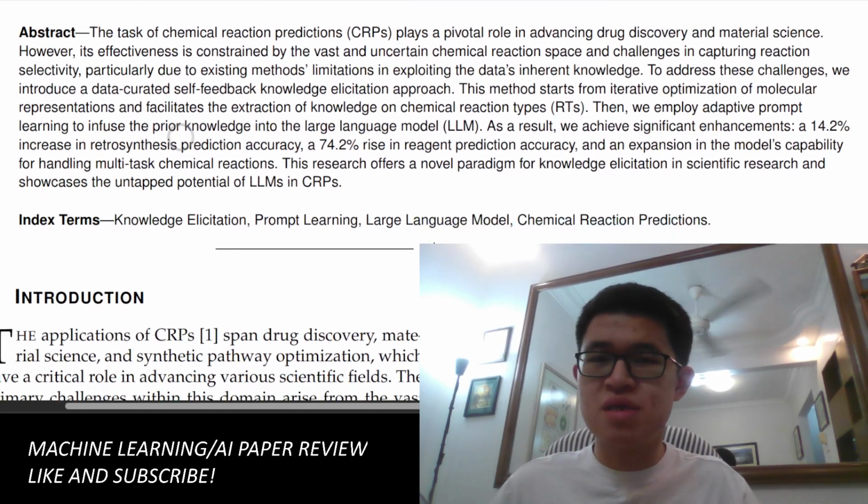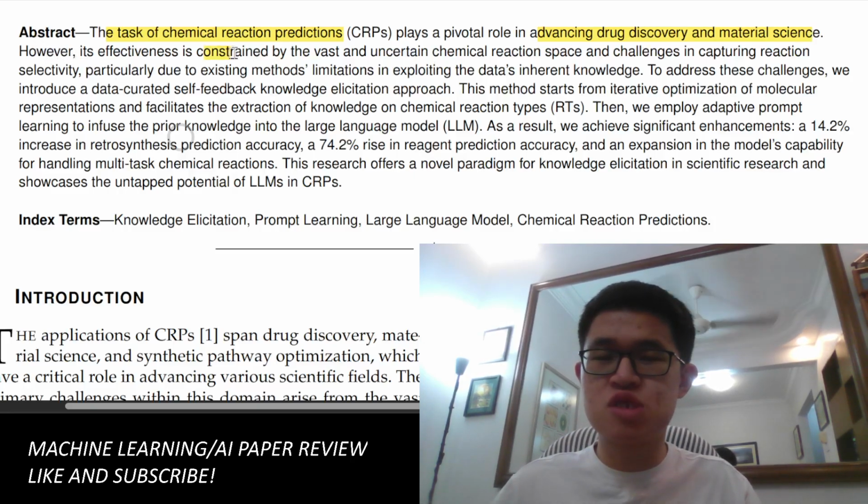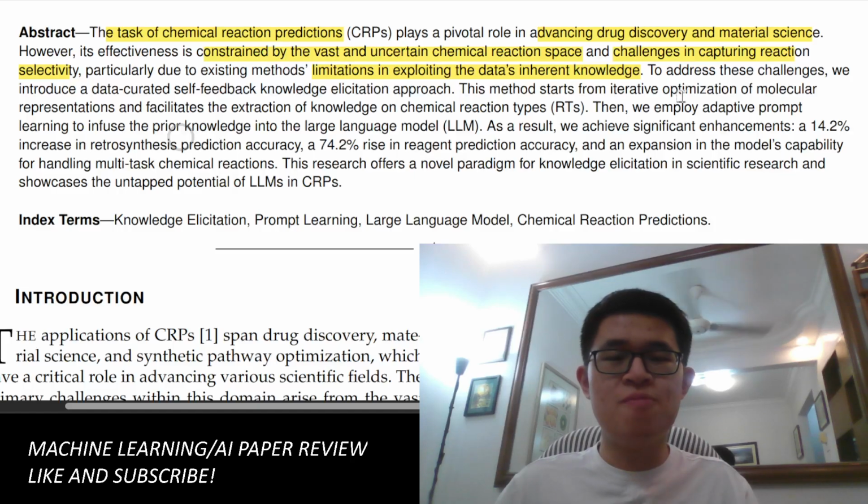And in this case, it's a bit more specific. So, okay, let's read through the abstract together. The task of chemical reaction predictions is important in advancing drug discovery and material science, but its effectiveness is hindered by the vast and uncertain chemical reaction space and challenges in capturing reaction selectivity, particularly due to the existing methods' limitations in exploiting the data's inherent knowledge.